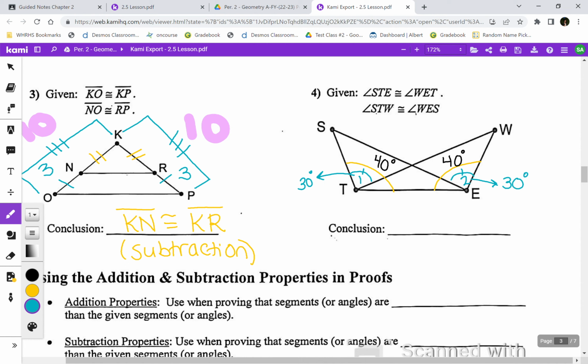Dimitri? You said WTE. Say it one more time. What's the other angle? WET. WET is the big angle.